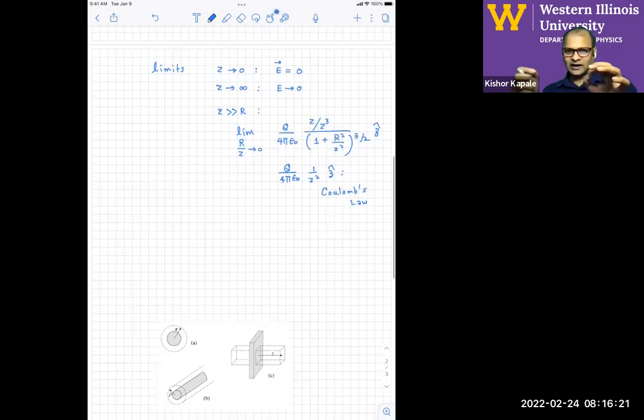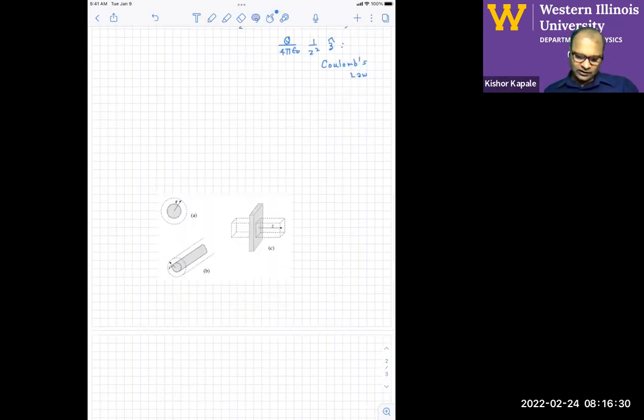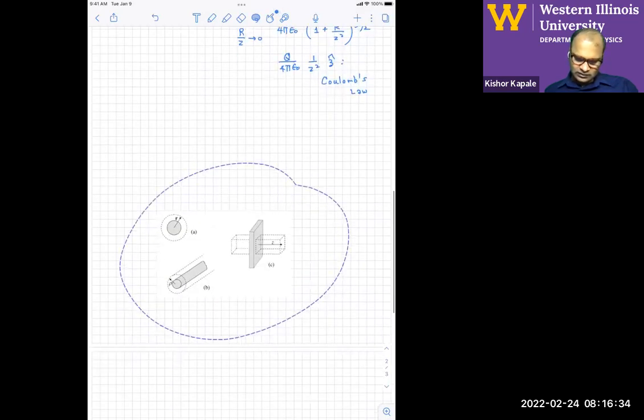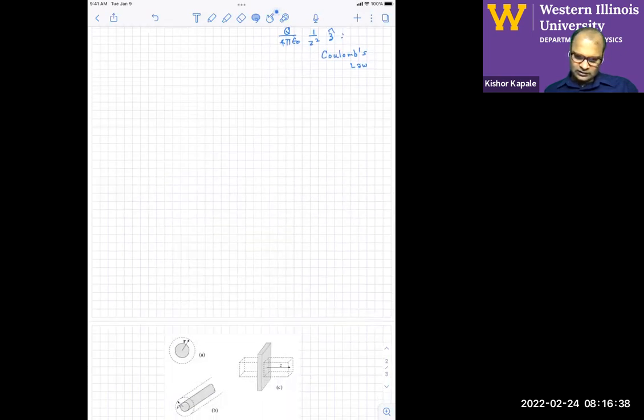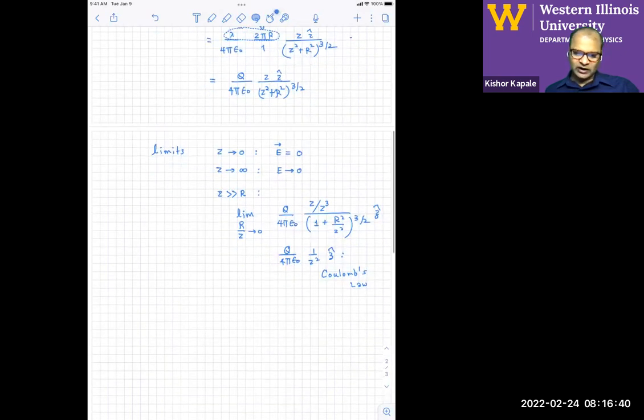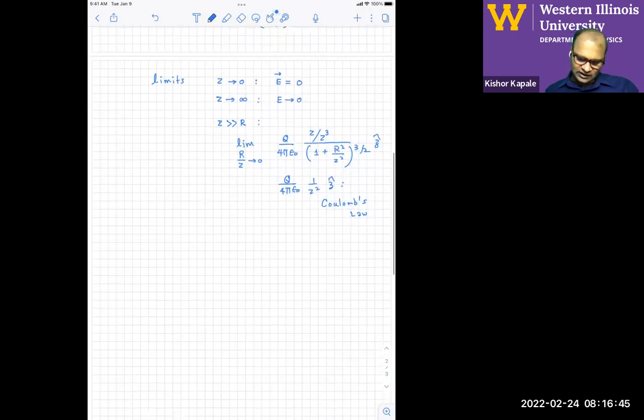It has the right kind of behavior. It's as if, when you're far away from the charge distribution, all of that charge is situated at the center. And so that's what you see there. Those limits are important, and in this class we're going to be looking at limiting behavior of different things.